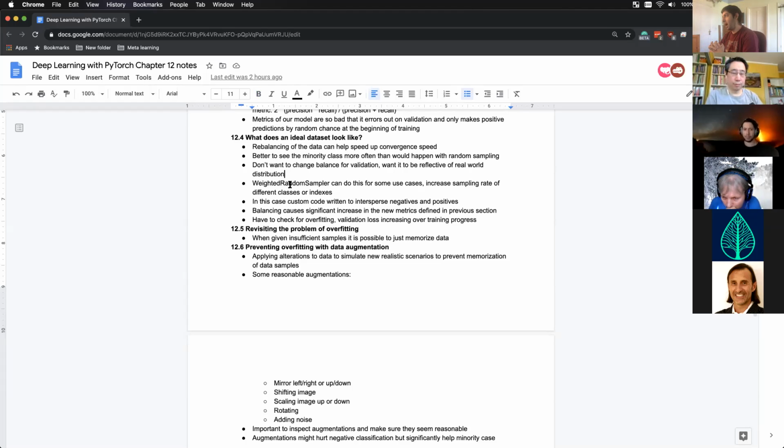So I would say under probably 20% minority class is worth at least considering. But you don't really have to take action typically unless it's under like 5%, I would say. And in this case, they said it was like 1 to 400. So that's a case where it's seeing so many negative examples that it's never seeing positive.